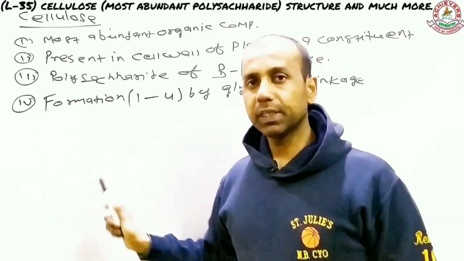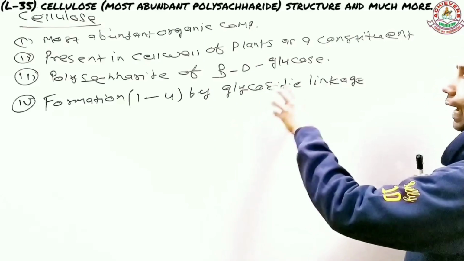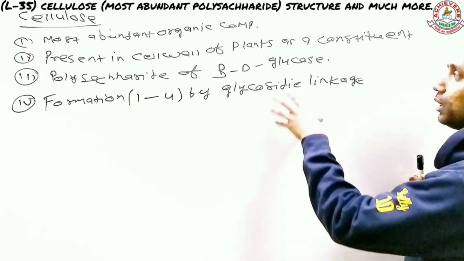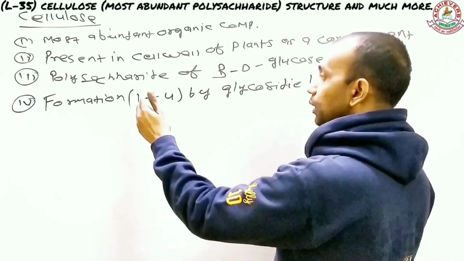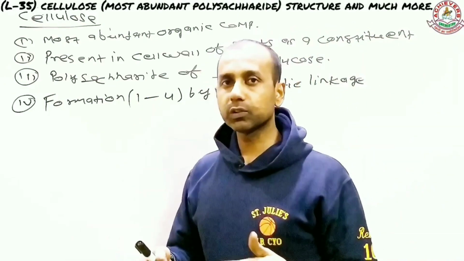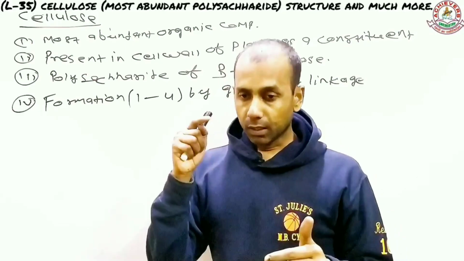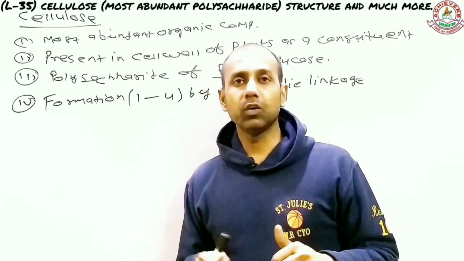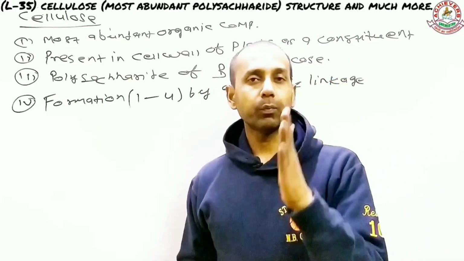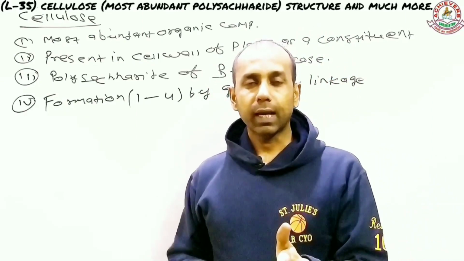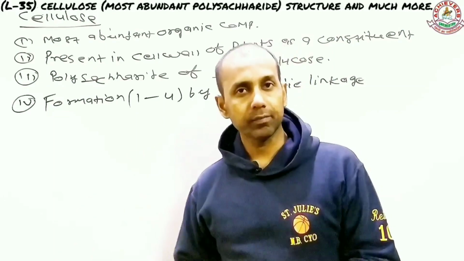The fourth statement is that cellulose has a glycosidic linkage between the beta-D glucose units, and let me repeat, this is really important. The glycosidic linkage in cellulose involves the first carbon of one beta-D glucose and the fourth carbon of the next beta-D glucose in the line.